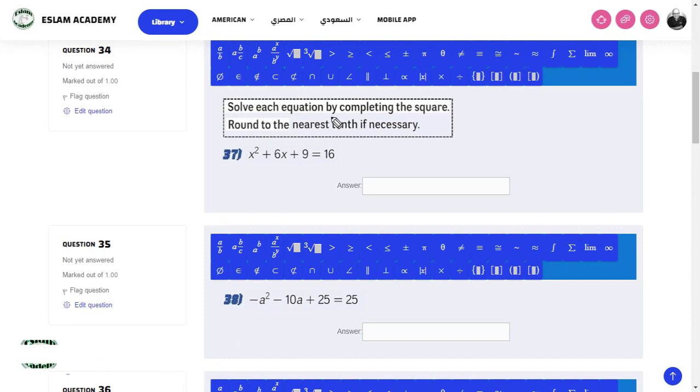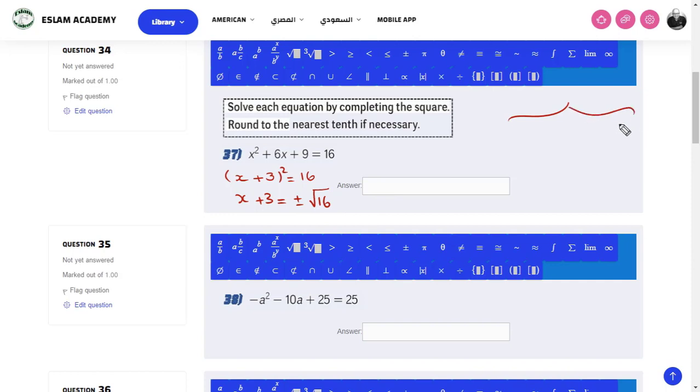In this problem, we need to solve the expression by completing the square. If you look at the expression on the left-hand side, you will find that this expression is a perfect square. So we can find that the square root of the first is x, and the sign of the middle, which is plus, the square root of the third, which is 3, all to the power 2 is equal to 16. Now we have x plus 3 is equal to positive or negative the square root of 16.